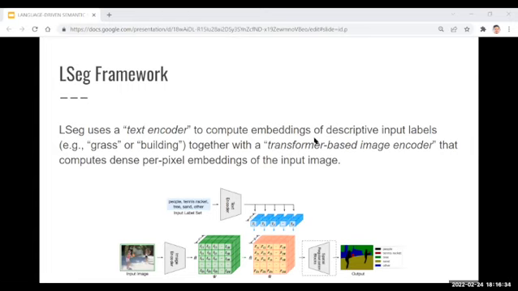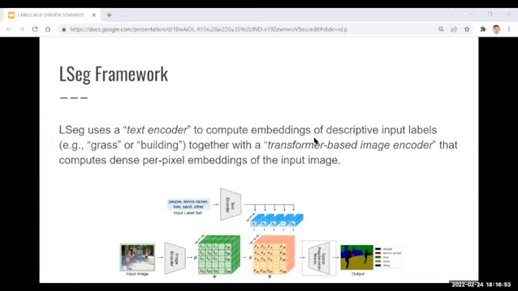Now let's talk about the framework. It uses a text encoder and an image encoder. The high level approach is to embed the text labels and the image pixels into a common space and assign the closest label to each pixel, as shown in the diagram.